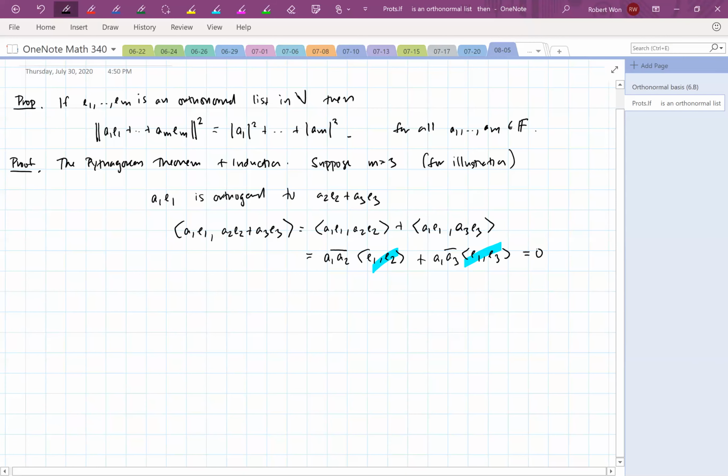In other words, if you take any linear combination, in the general case, of E2 up through EM, it will be orthogonal to A1 E1, which means that by the Pythagorean theorem, the norm of this linear combination squared is just the norm of the first one squared plus the norm of the second one squared.